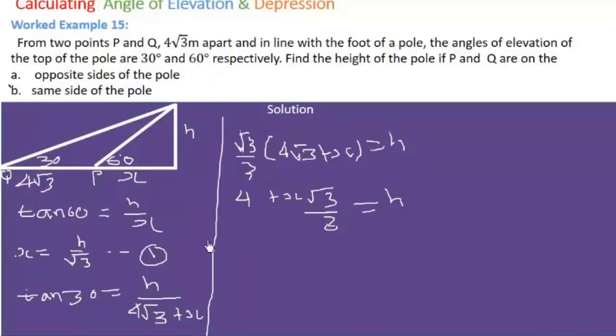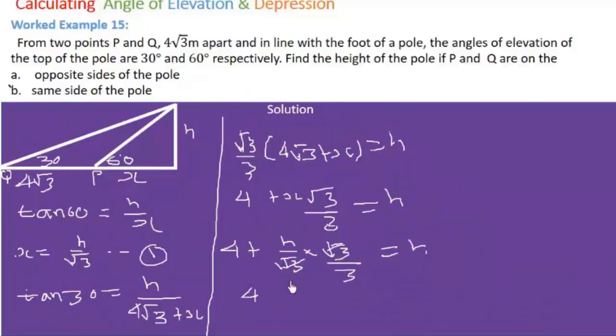So we substitute the value of x over here to obtain 4 plus the x, which is h over root 3, times root 3 over 3 is equal to h. So now we get 4.